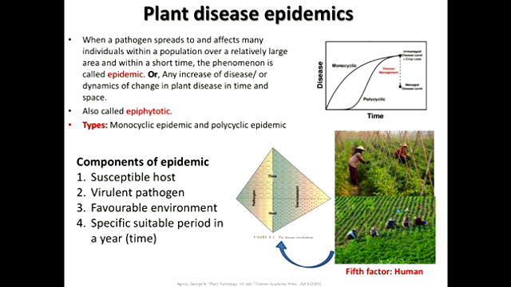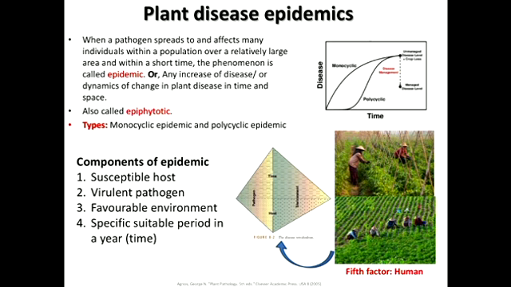So, plant disease epidemic. What is an epidemic? It's just a sudden outbreak of the disease. If the disease appears on a large scale, in a large number of plants, then we can call it an epidemic. In that context, we should also know two other terms: one is endemic, another is pandemic.